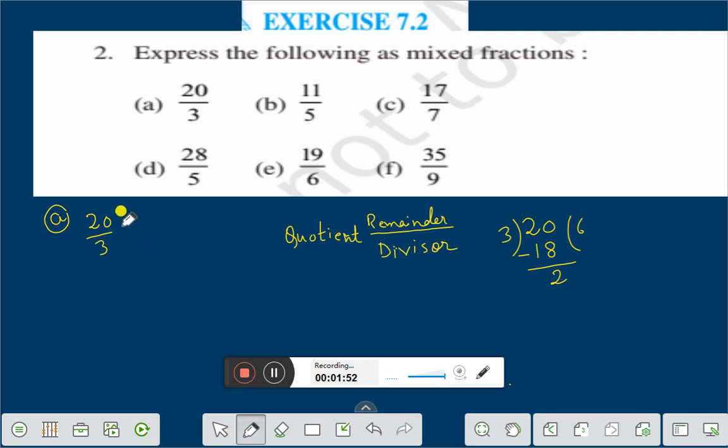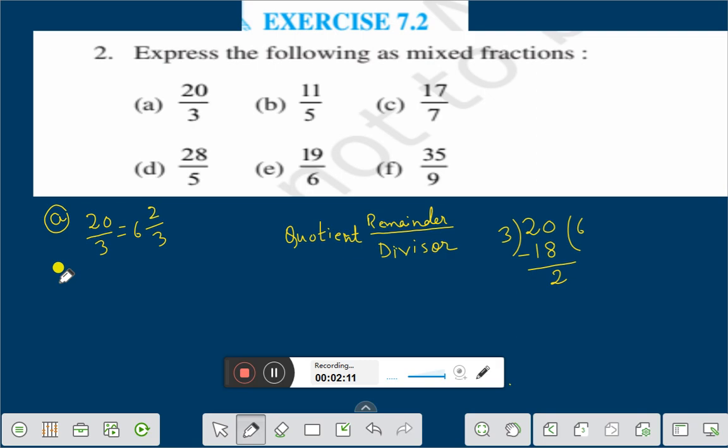Right? Therefore here the quotient is 6, remainder is 2, and divisor is 3. 6 whole 2 by 3. This is the mixed fraction of 20 by 3.